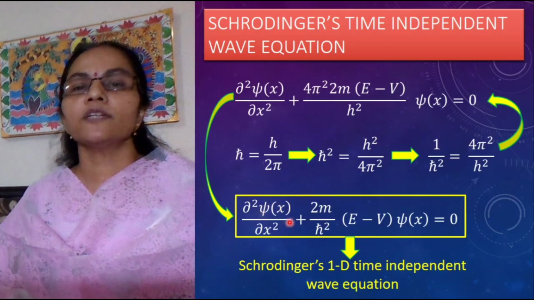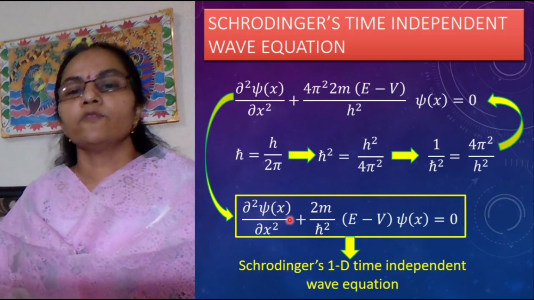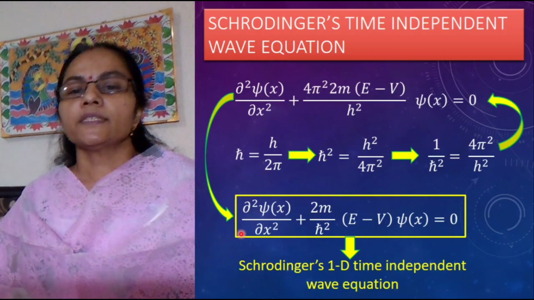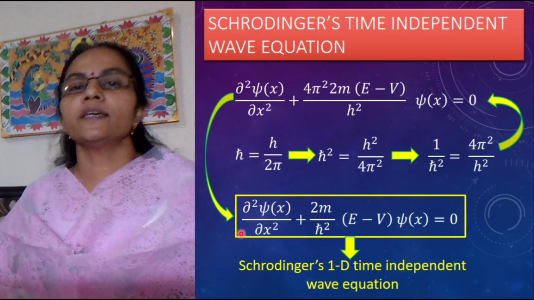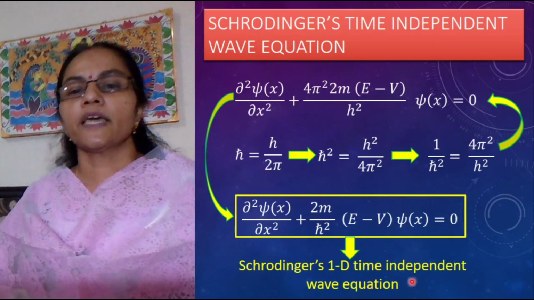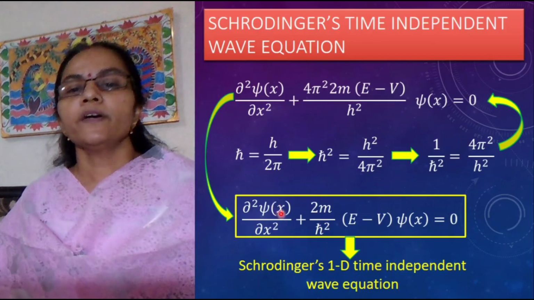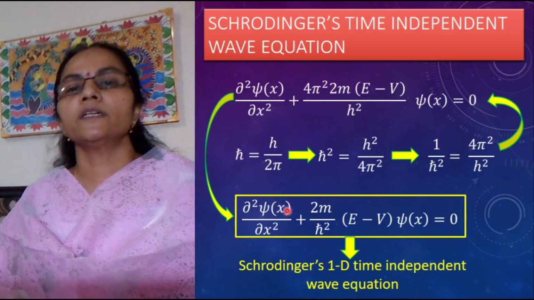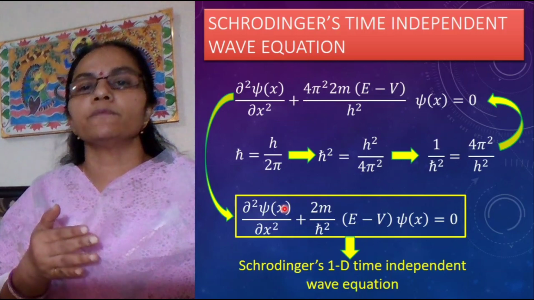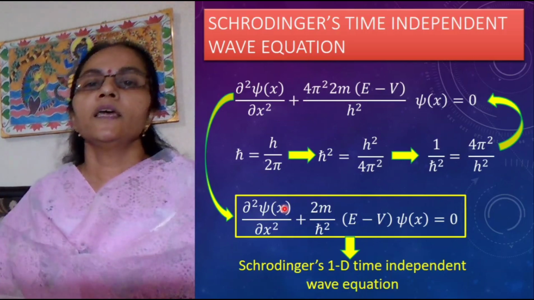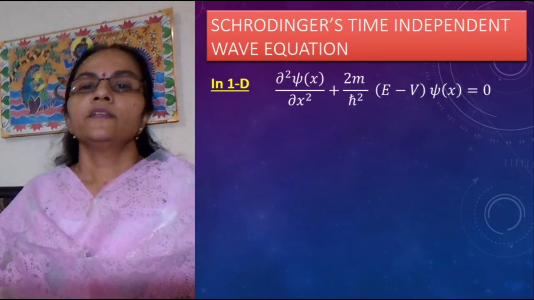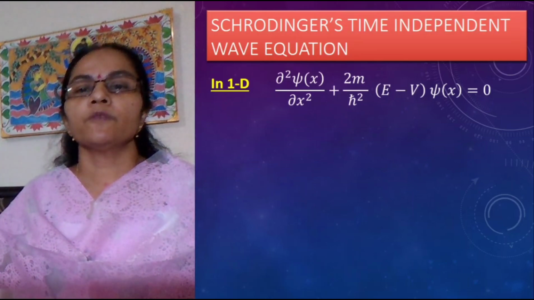This is the spatial part of the original wave function. So this equation has no time dependent term, and that's why it is the time independent wave equation. Further, here the position of the wave is described in one dimension, that means the motion is considered in one dimension. Now this is the one dimensional Schrodinger's time independent wave equation.